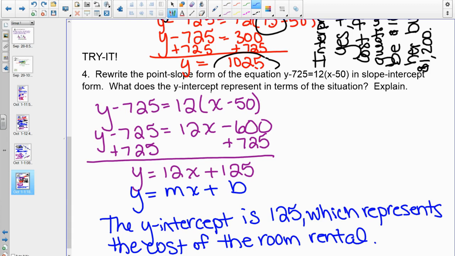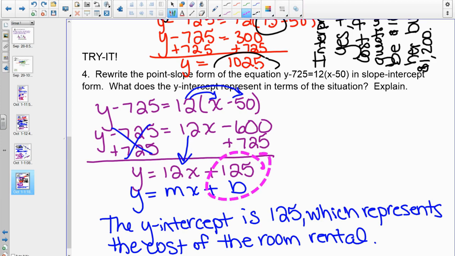So we're going to take 12 times x, which is 12x, and 12 times the negative 50, which is negative 600. I want y equals mx plus b, so I'm going to add 725 to both sides, and I'm going to get y equals 12x, and the negative 600 plus 725 is a positive 125. So the question at the beginning was, what is the y-intercept? We found the y-intercept.